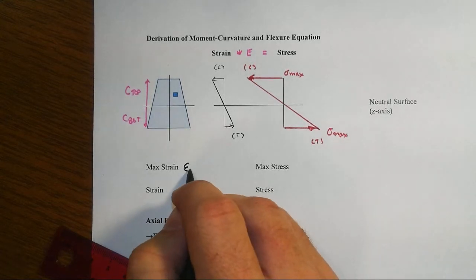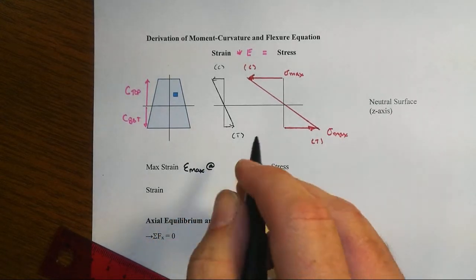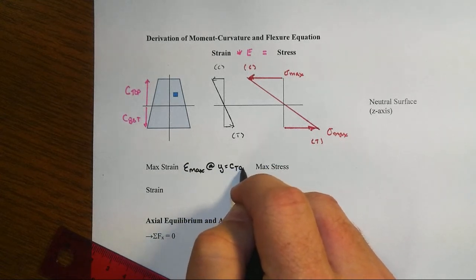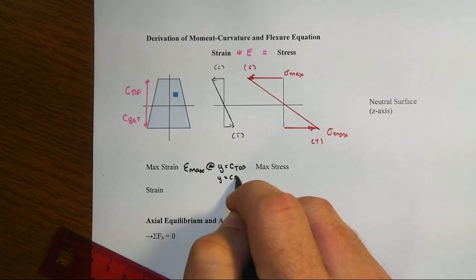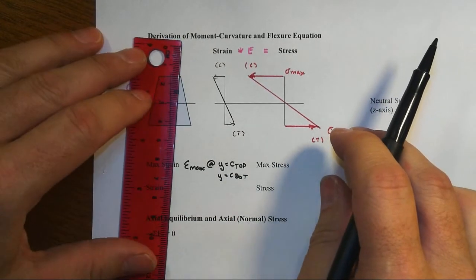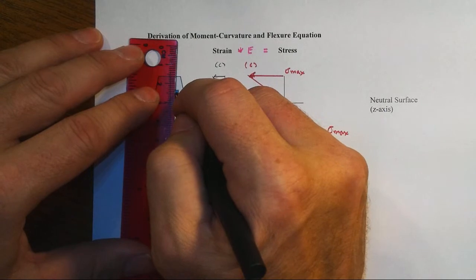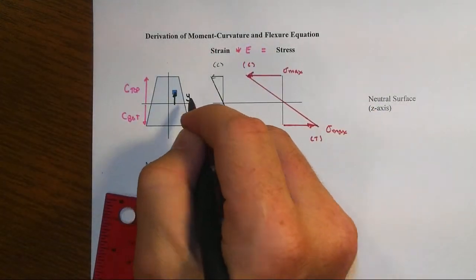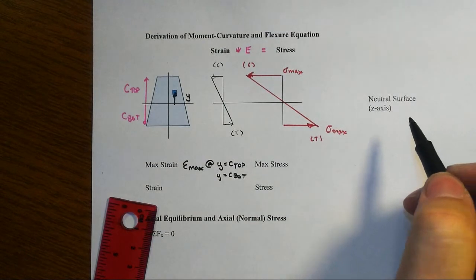Max strain is at y equal to c top or y equal to c bottom. And you're like, what's y? Well, remember from the previous page, y was our distance up from the neutral axis to the point of interest.